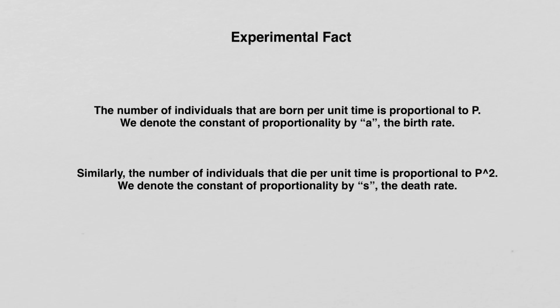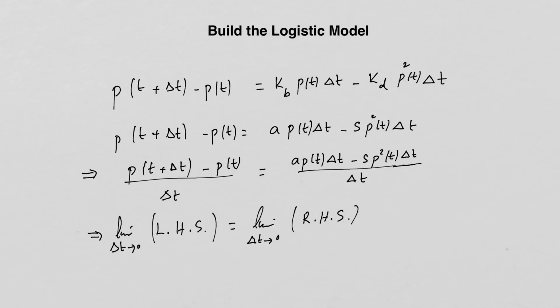So now we're going to try to put these two pieces together. So in here, it says over a period of time called delta t, what is the change in the population? That's what it says, right? What's the change in the population over this period of time?